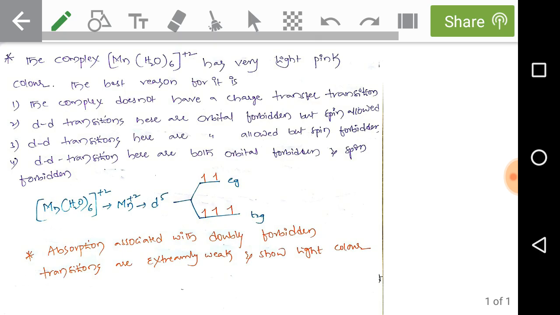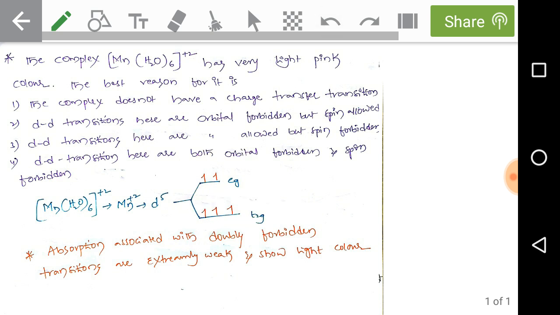Looking at the oxidation state of manganese, it is +2, so it contains 5 d electrons. In the presence of the ligand water, the d orbitals split into t2g and eg because it is an octahedral complex. The 5 electrons fill like this because water is a weak field ligand. That means high spin is observed here.